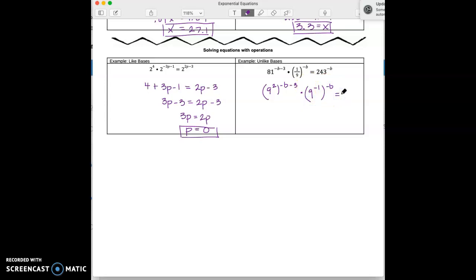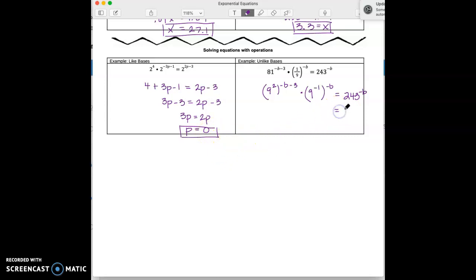And then 243, just make sure, I don't actually think I can write that one as a power of 9. But what if we could write it as a power of 3? It's 3 to the 5th power.